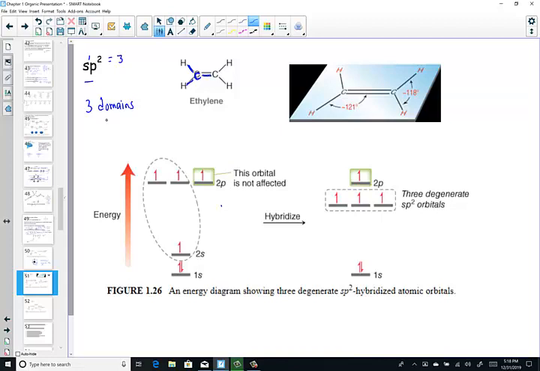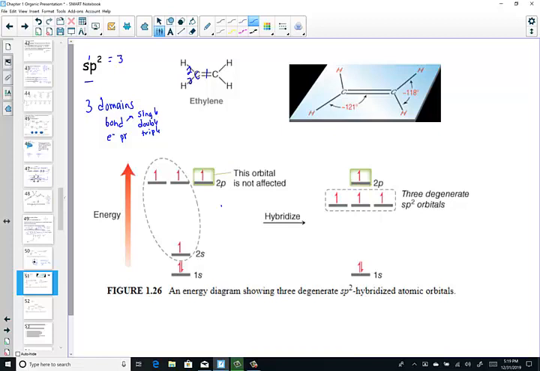Now remember, a domain is a bond or an electron pair. The bond can be single, double, or triple. It does not matter. It still counts as one domain. So when I look at ethylene, this carbon has 1, 2, 3 domains. Now that tells me the superscripts add to 3, an sp2 hybridization.